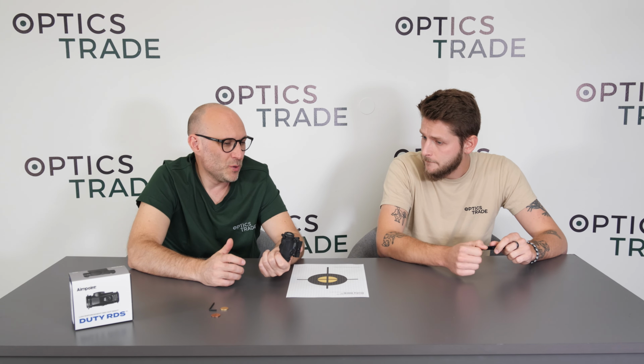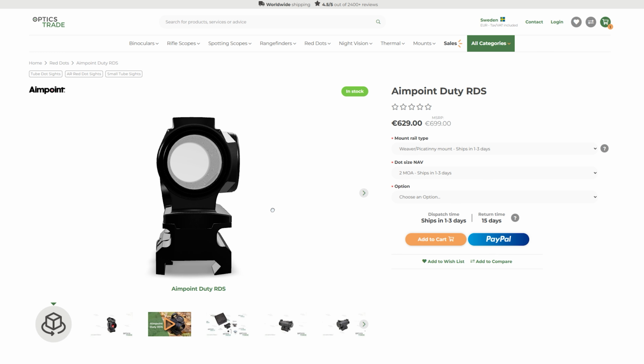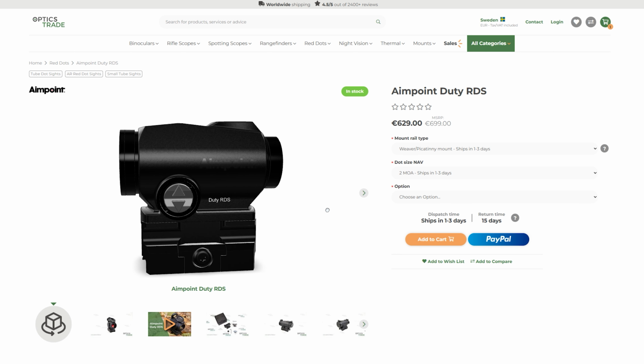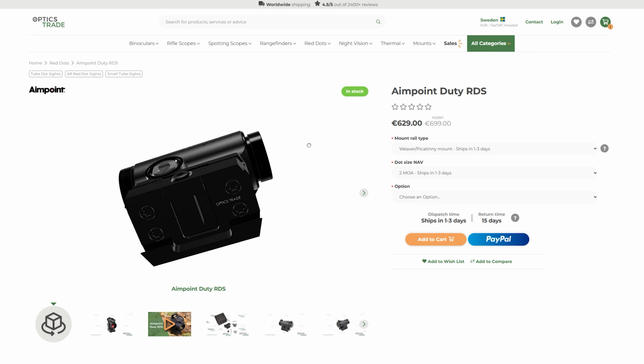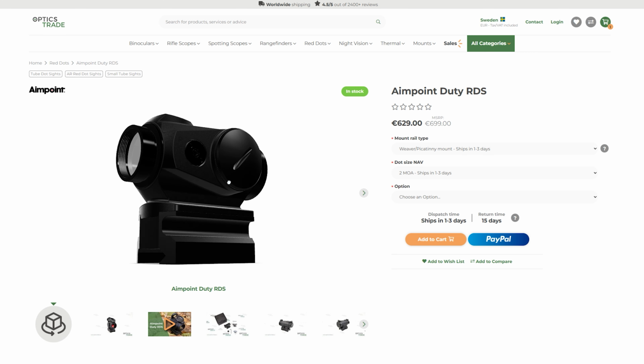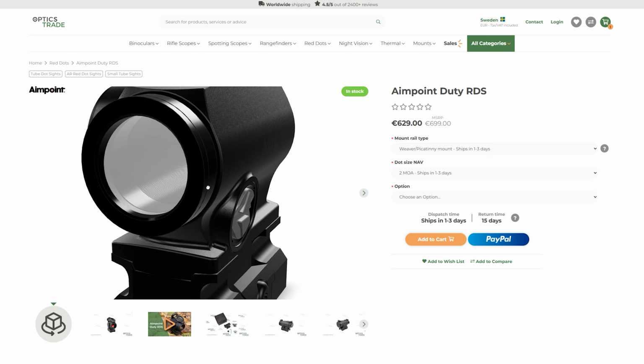Okay. One of the most frequently asked questions is also, what are some issues I might, as a user, experience when zeroing an Aimpoint red dot sight? Aimpoints are known for withstanding anything, so they rarely fail, almost never. The only issue that I came across is that sometimes people play with the clicks before putting the red dot on, and then they put a first shot on 100 meters and it's not on the target.